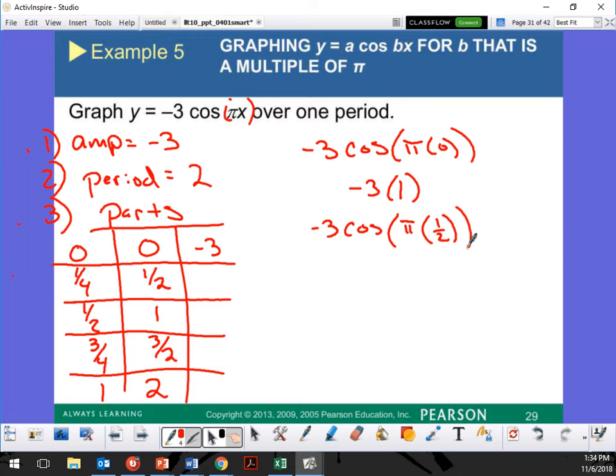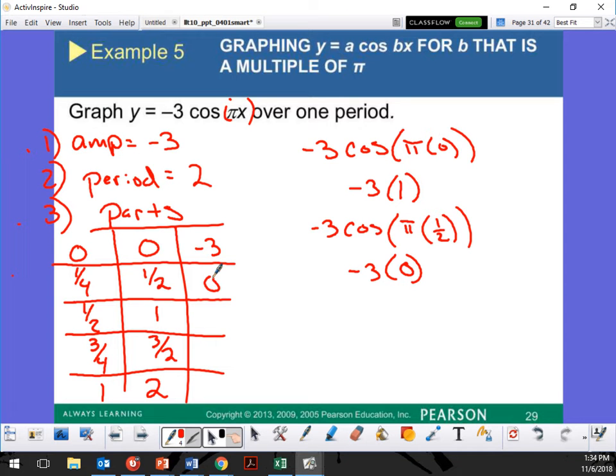That's going to be multiplying, so it's going to be pi over 2, isn't it? Yes? Okay, so now, pi over 2. Put your finger on pi over 2. What is the cosine? The cosine is 0, right? Yeah. So 0 times -3 is 0, right?